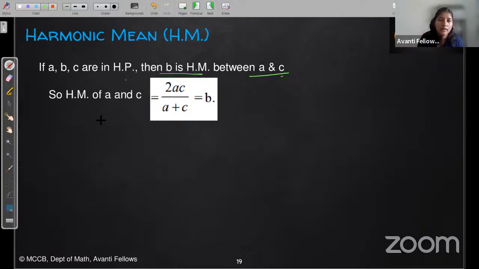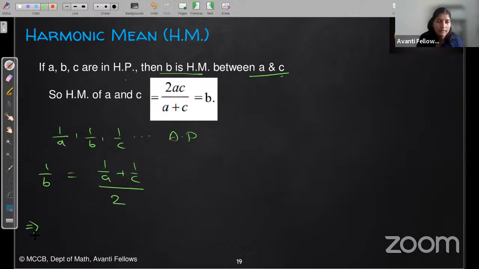How did we actually get this? Same thing: A, B, C are in HP, so convert that into AP. What will we get? 1 by A, 1 by B, 1 by C will be in AP, right? So 1 by B, the arithmetic mean in AP, will be equal to 1 by B is equal to 1 by A plus 1 by C divided by 2. What does this imply?